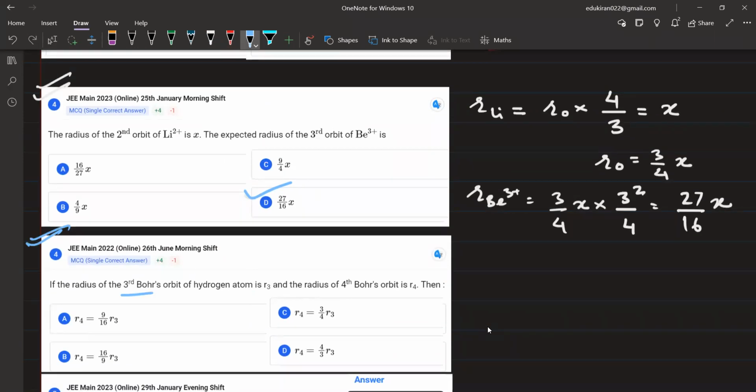The radius of the third Bohr orbit of a hydrogen atom is R3 and the radius of the fourth Bohr's orbit is R4. Then what is the relationship between R3 and R4? Use that formula: Rn1 upon Rn2 will be equal to n1 upon n2 whole square.